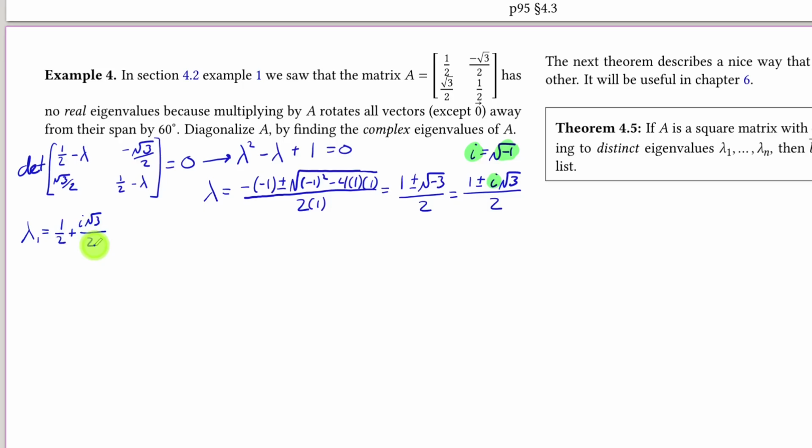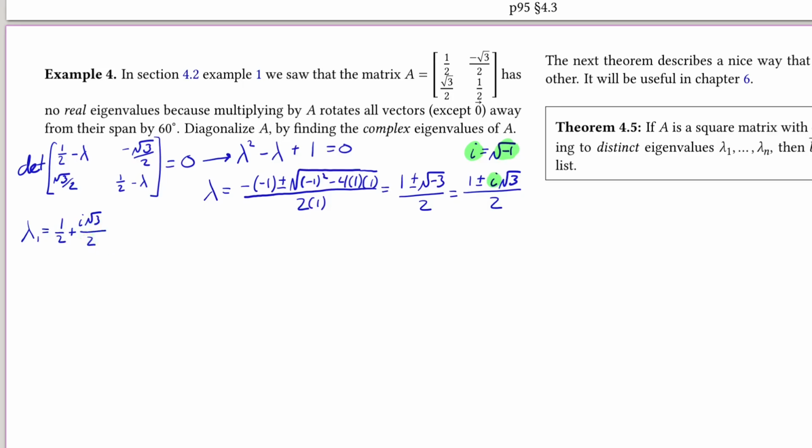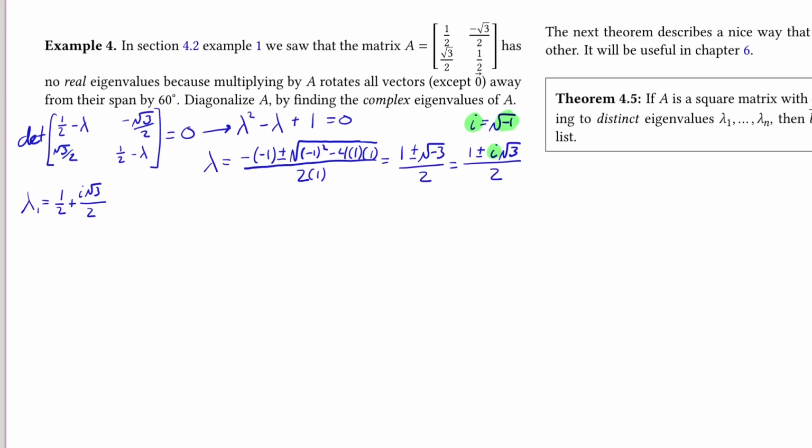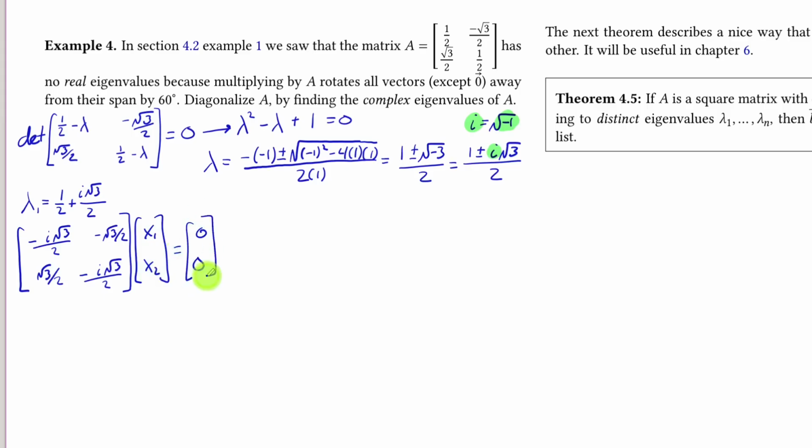If we want to find an x vector that is an eigenvector that goes with this, we want to do 1/2 minus this, which will be negative i root 3 over 2, root 3 over 2, negative root 3 over 2, and same thing down here in the bottom right. We want to do that times x and get 0.